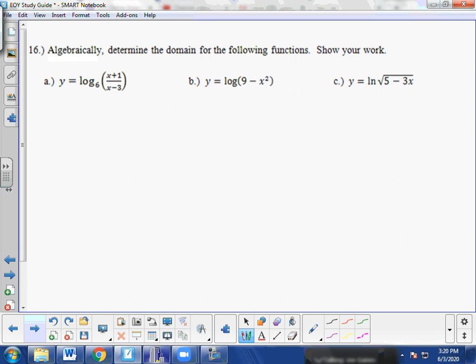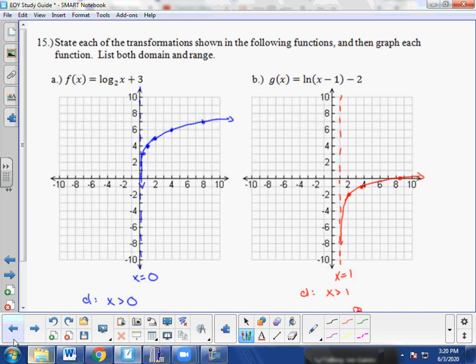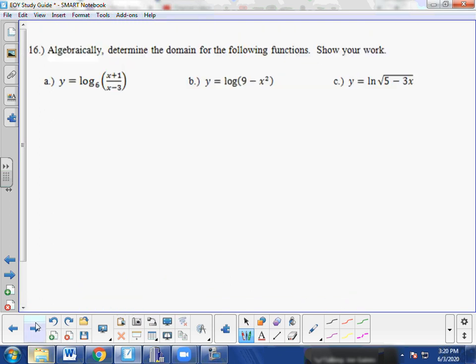Problem 16 says to algebraically determine the domain for the following functions and show your work. So if we want to have a domain value, remember with logarithms, let's go back to the previous function. The domain was greater than the vertical asymptote.